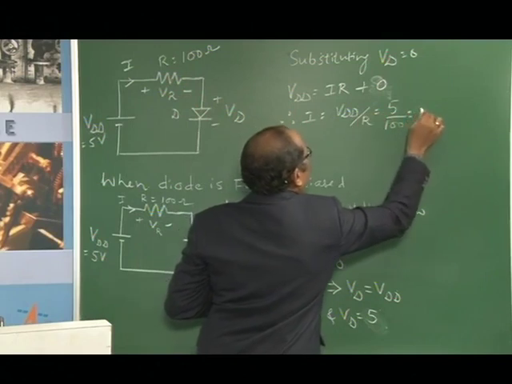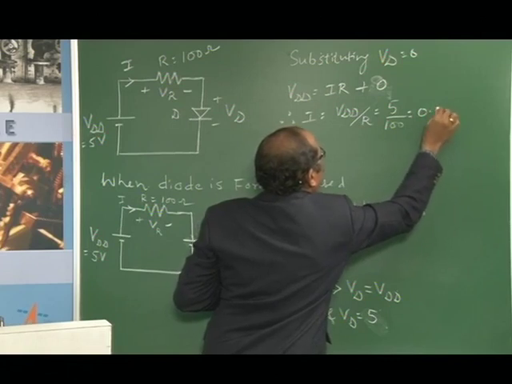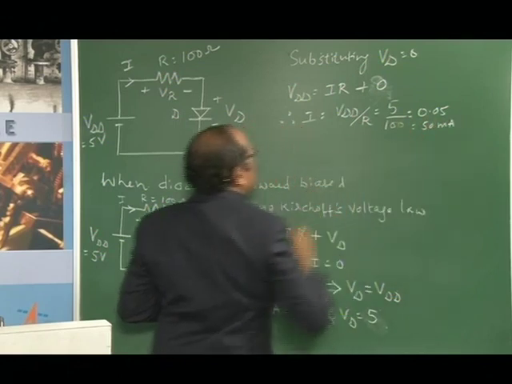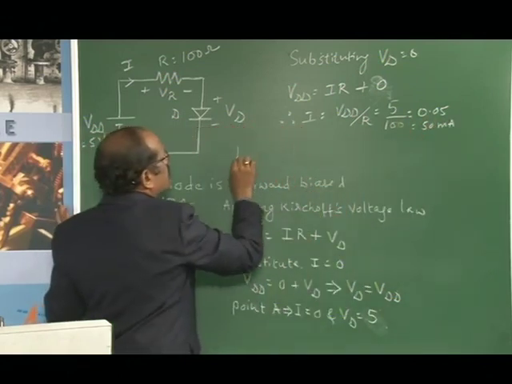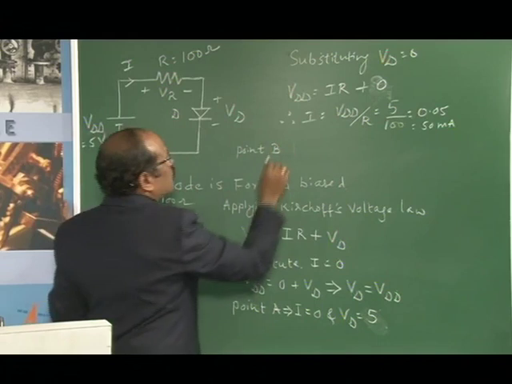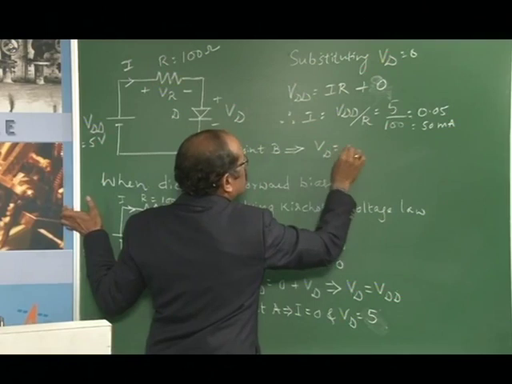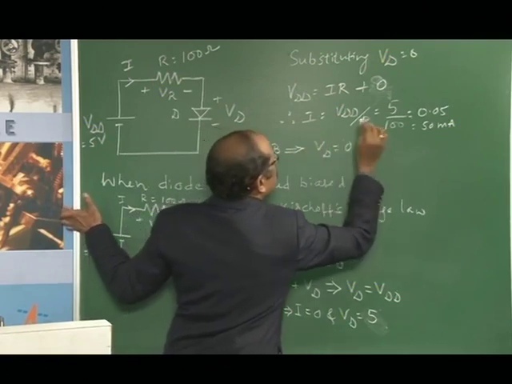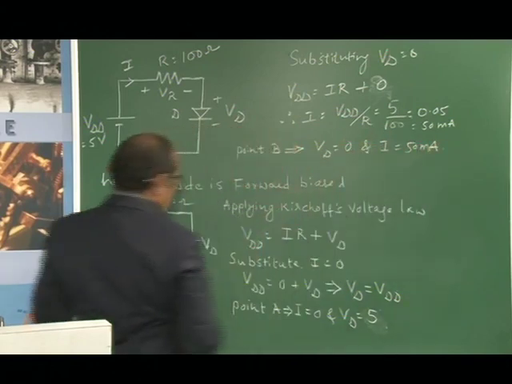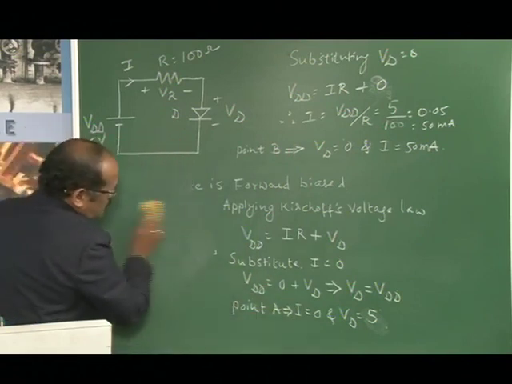So this is 0.05, or you can say 50 milliamp of current. So we get one more point, called the extreme point of the DC load line, that is point B, which corresponds to VD equal to 0 and I equal to 50 milliampere. So there are 2 points here. Now let us look into these 2 points.